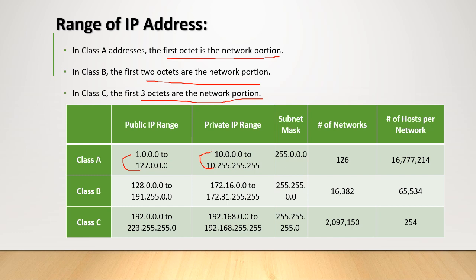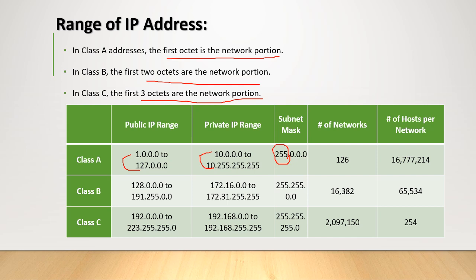It is only used within your local network. As we mentioned, the first octet of the network portion is set to 1, so it belongs to class A. In the subnet mask, the first octet of the network portion is all ones, meaning 255.